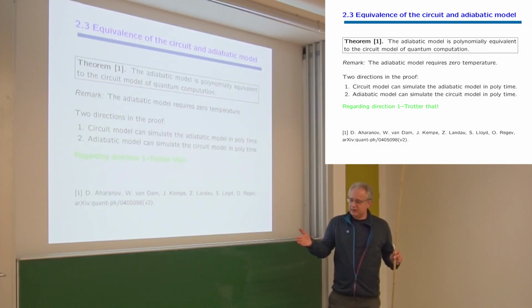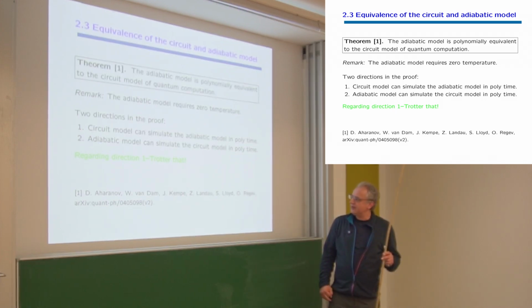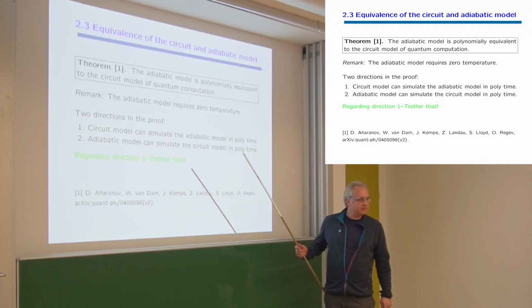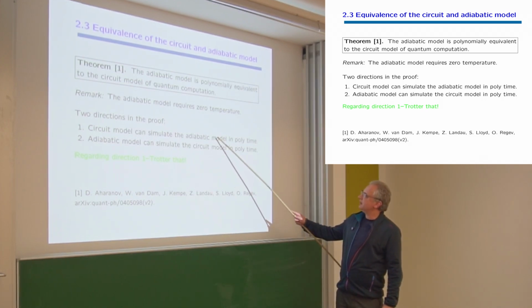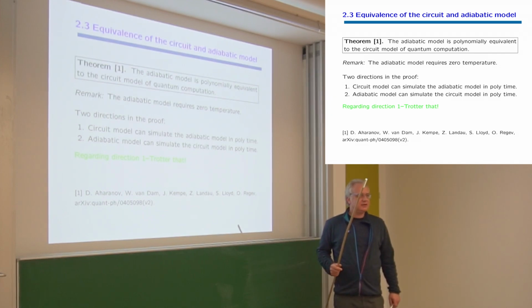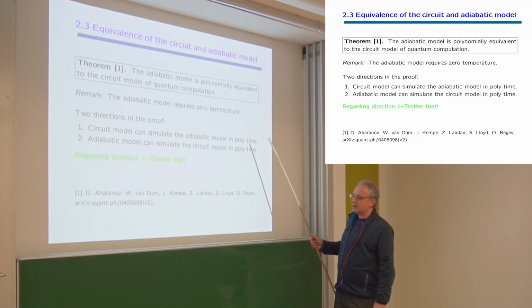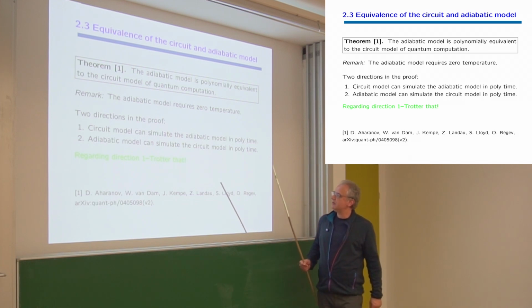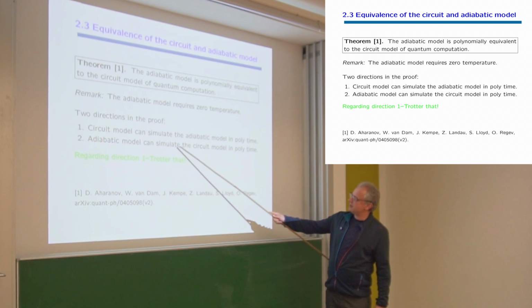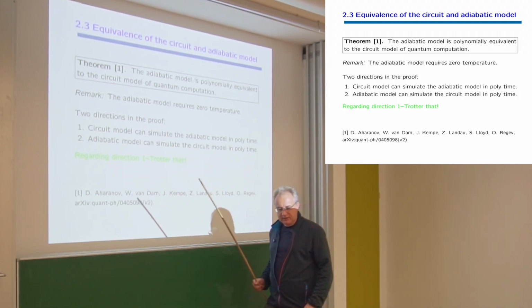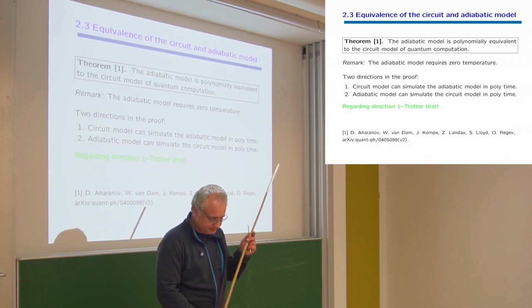And the circuit model does unitary evolution, so you just trotterize that evolution with the Hamiltonian changing in time. Conceptually, this is not very hard. You have to take care of a bunch of epsilons and deltas, and that gives you the computational cost. But conceptually, it's straightforward. So the fun direction is the second one, namely that the adiabatic model can simulate the circuit model in poly time.